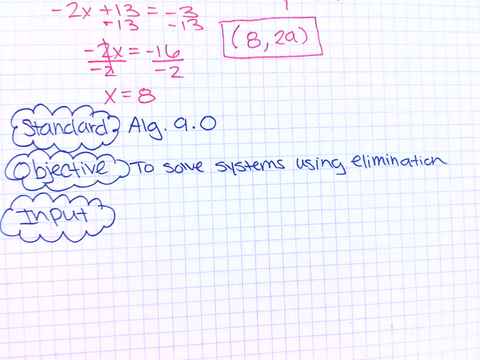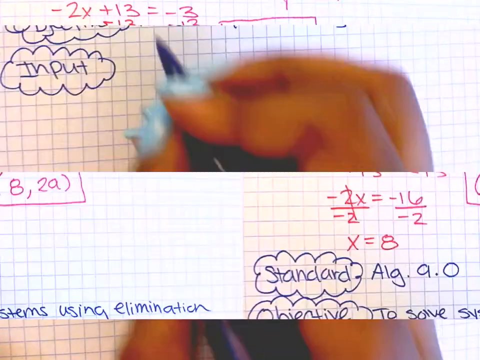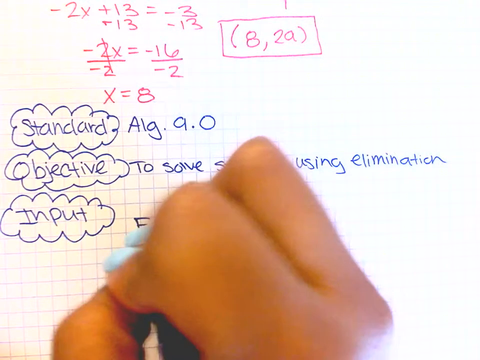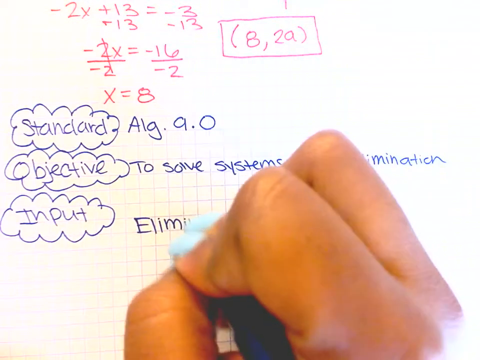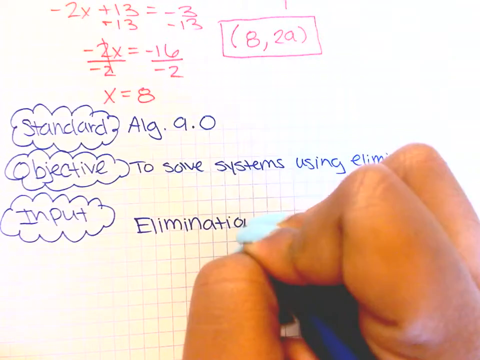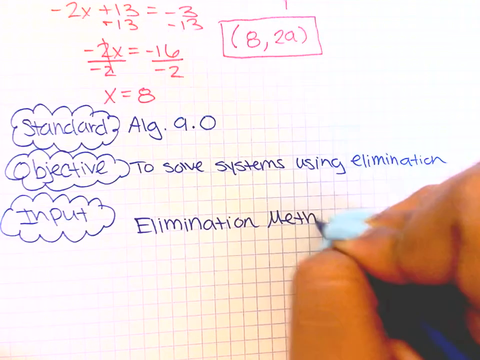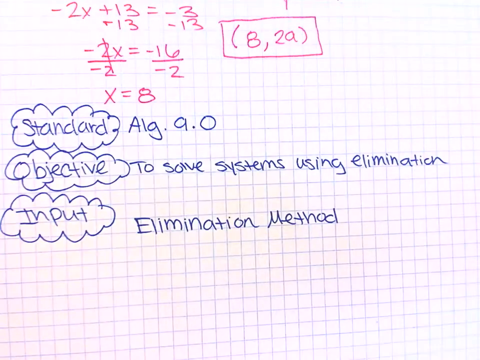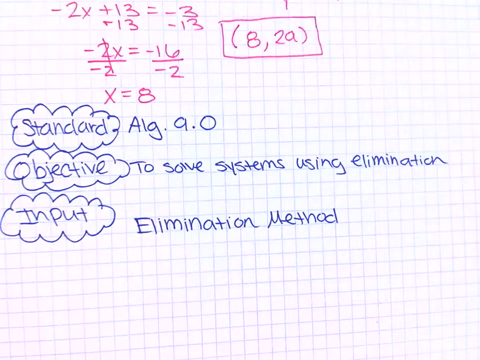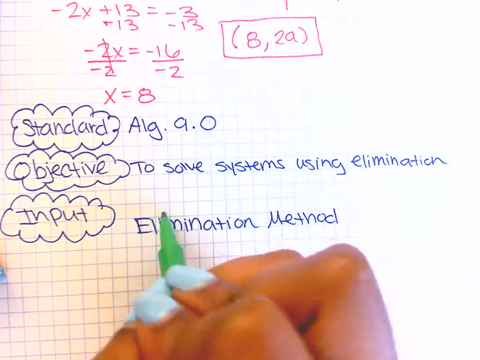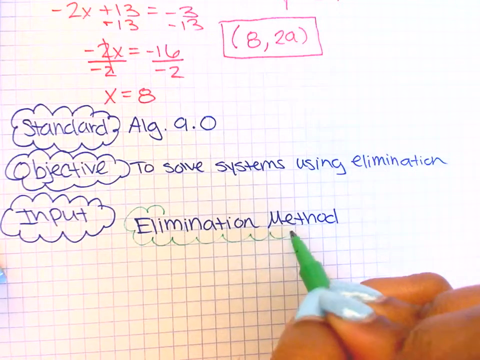Elimination. Alright, so we're going to write down what the elimination method is. Write that down on your paper, elimination method. I'm going to tell you what that method is.